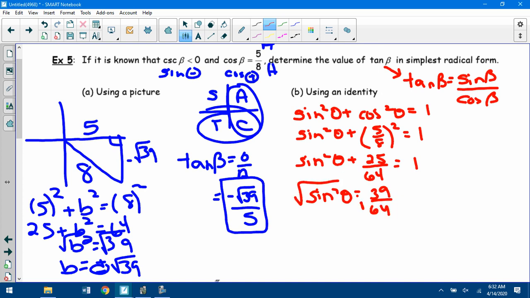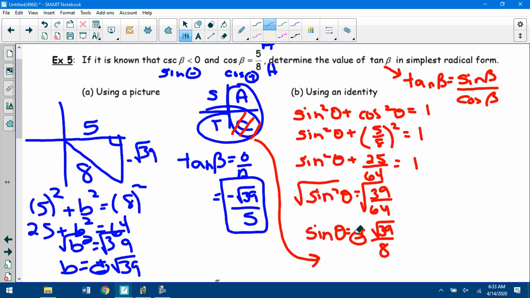Take the square root, and I get sine of theta equals plus or minus radical 39/8, which you can see on your picture is right. And since I'm in quadrant 4, sine would be negative. But that's not my answer. Now I've got to use that over here in tangent of beta.